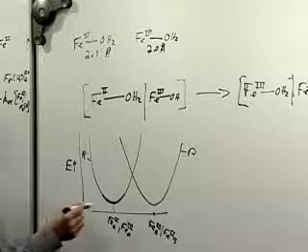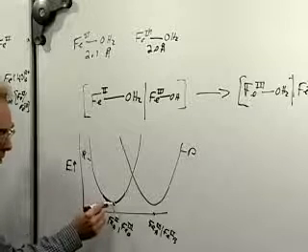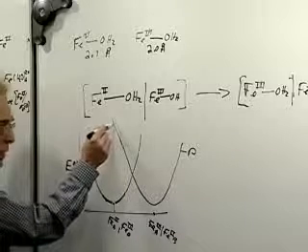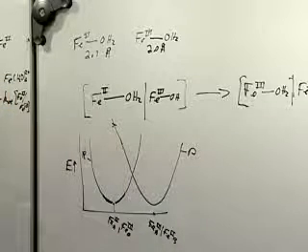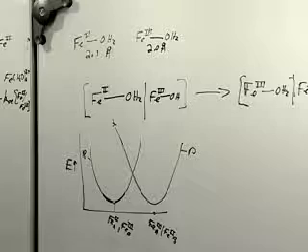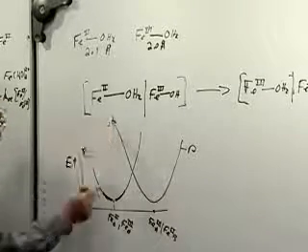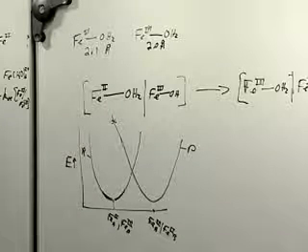And if you start down here and you transfer the electron, you would end up at this point up here. And there would be a net energy gain. And you'd have more energy up here than you had down there.